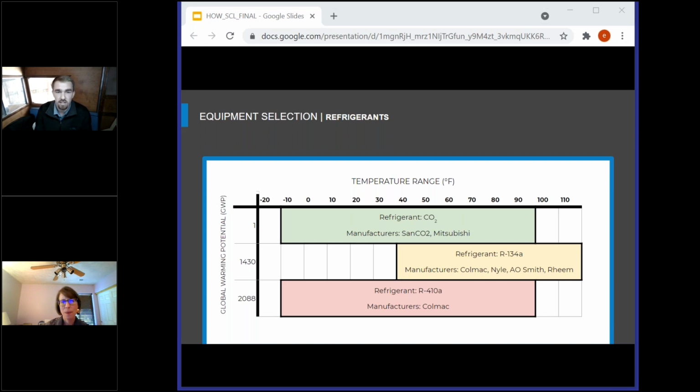I mentioned that CO2 systems are going to need a really high level of quality control to maintain those really high pressures. But maybe we don't need that kind of quality control for these lower pressures because it's a lot easier to hold those in, right? That's strictly speaking in terms of the ability to hold pressures.